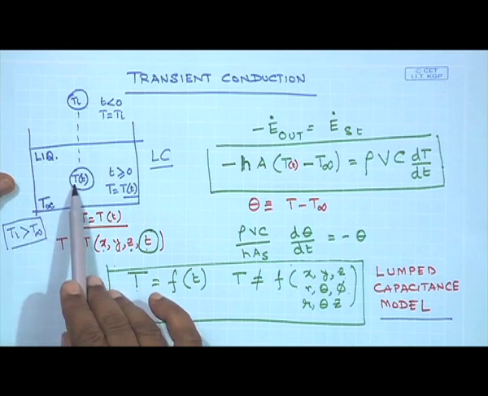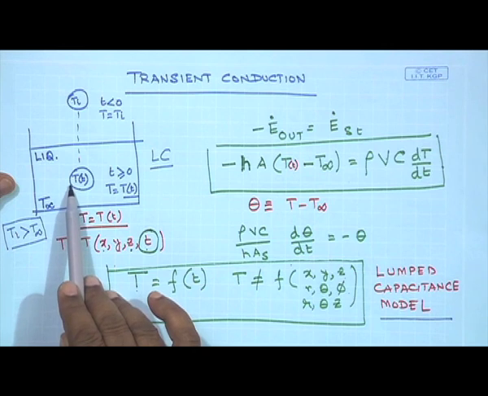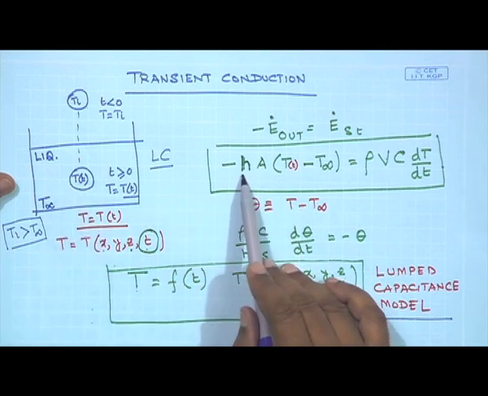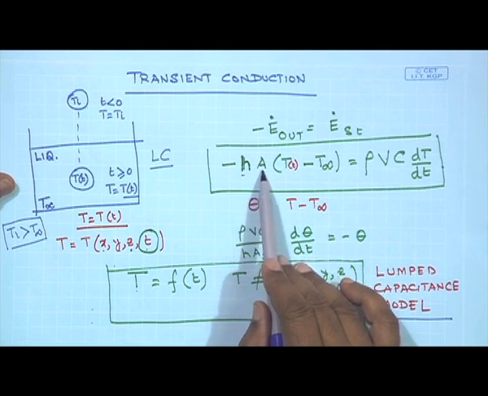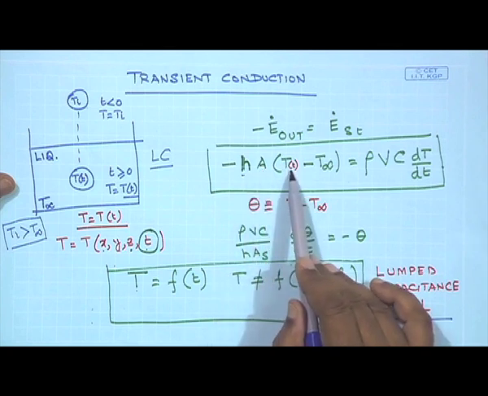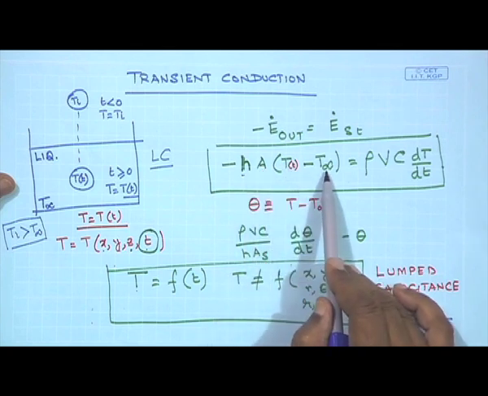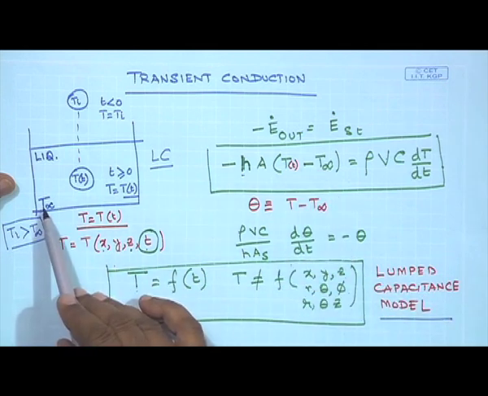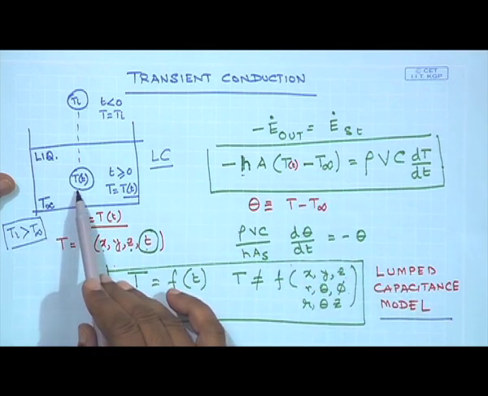So, energy will go out of this solid object through a convection process. I have written the convection process in terms of a convective heat transfer coefficient, the surface area which is interacting with the liquid, the temperature at any given instant, and T infinity is the temperature of the fluid which is far from the solid.